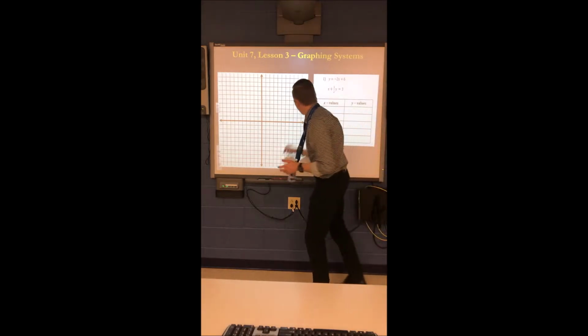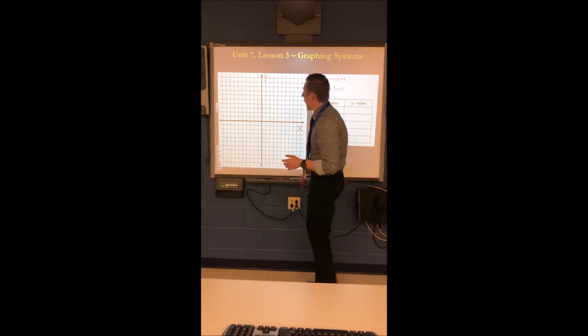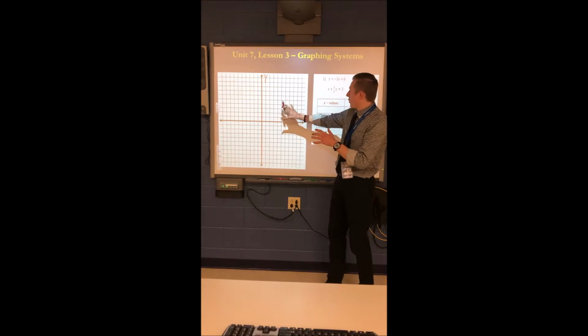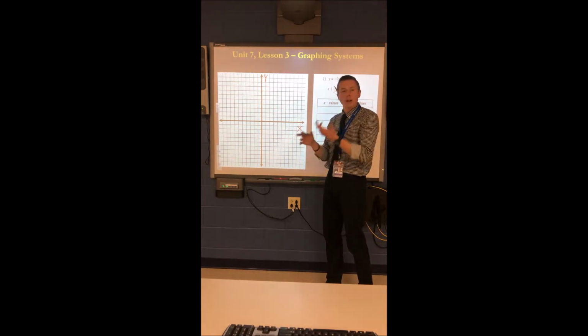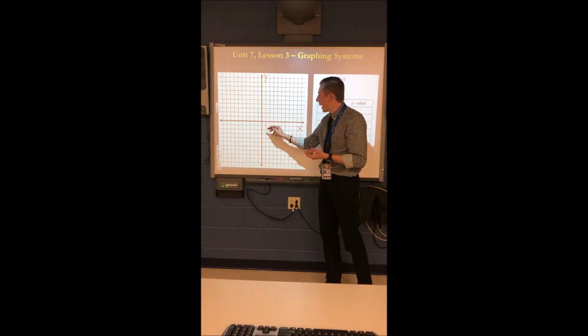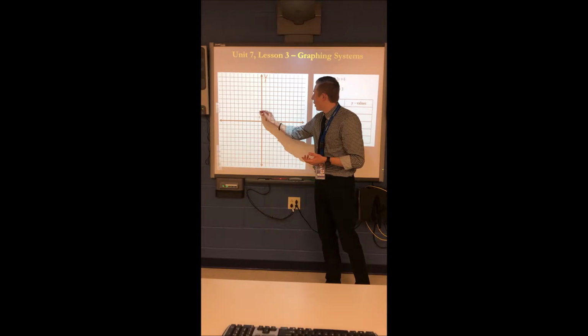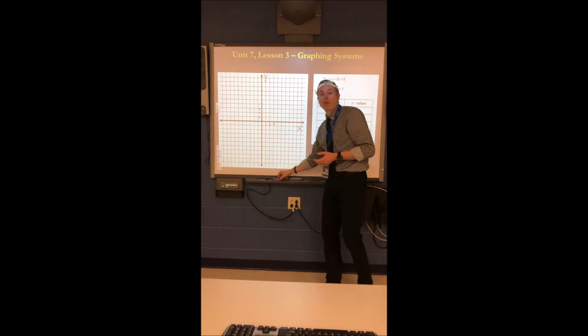Let's get our graph set up with the x and y axes. These lattice points go by 1 each time, so our x values and y values increase by 1.